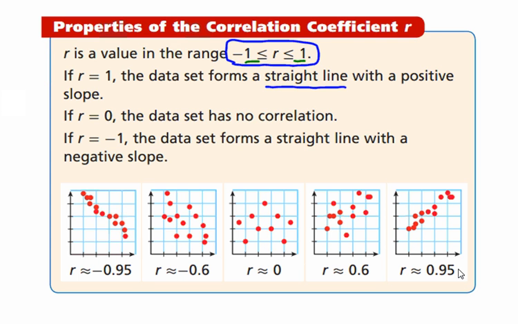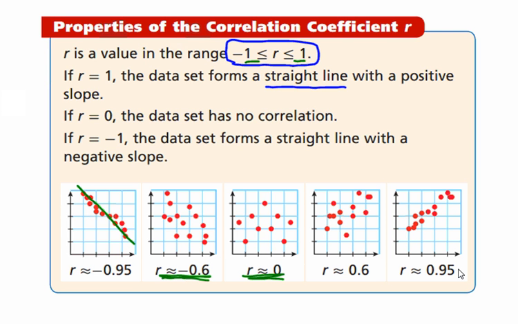So a strong correlation, like in this first one, is really close to that line. This has an R value of approximately -0.95. If they were all on the line, it would be a -1. In this particular case, they're a little more scattered, so that R value gets a little bit closer towards the middle. Scattered all over the place, we can't draw a good line in any real direction. That R value of 0, that's no correlation.